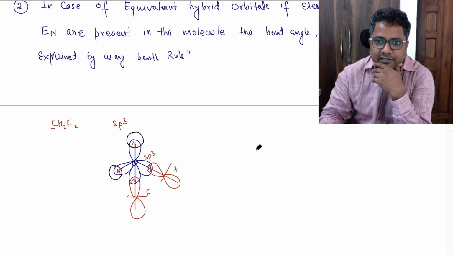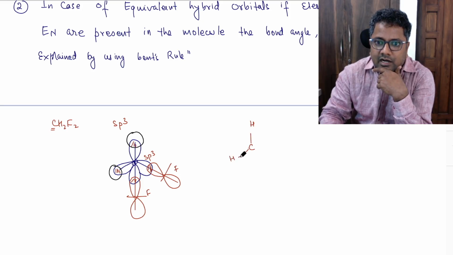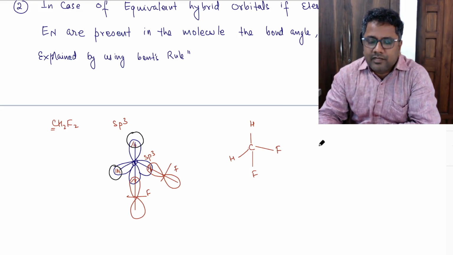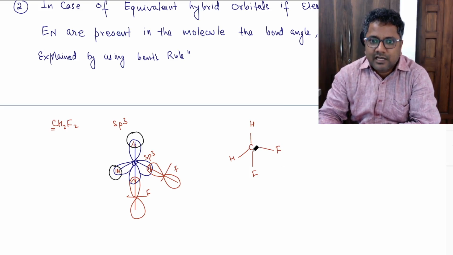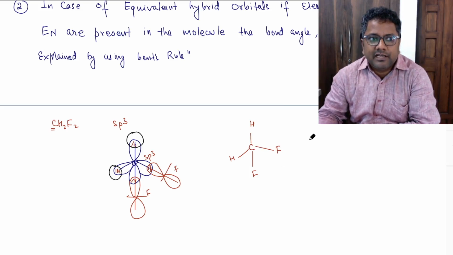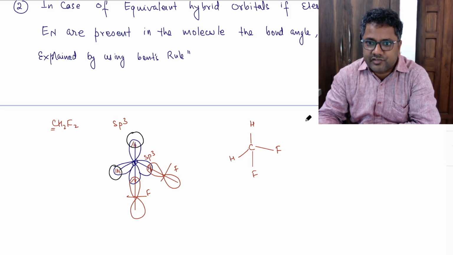So it means that in CH2F2, all four bonds are not identical. Now this carbon-fluorine bond, the hybrid orbital has more p character, and you know with increase in p character, bond angle decreases.